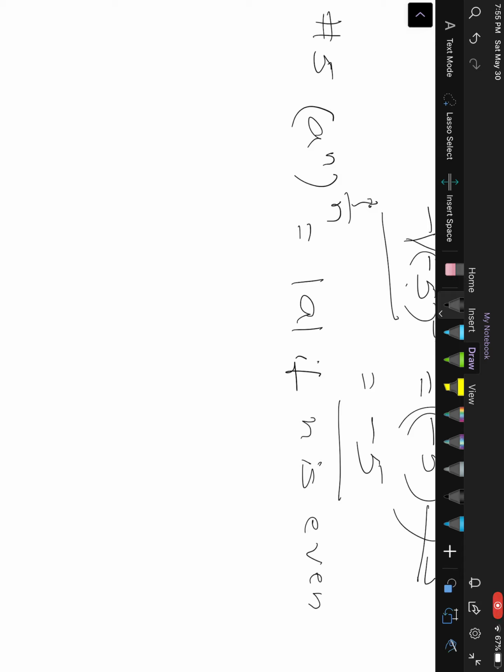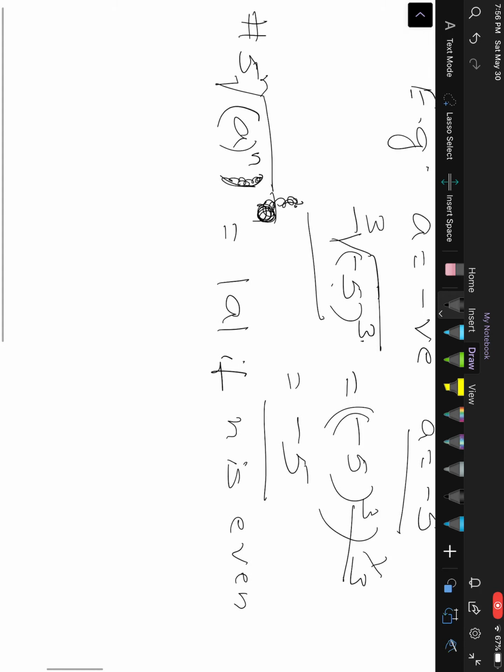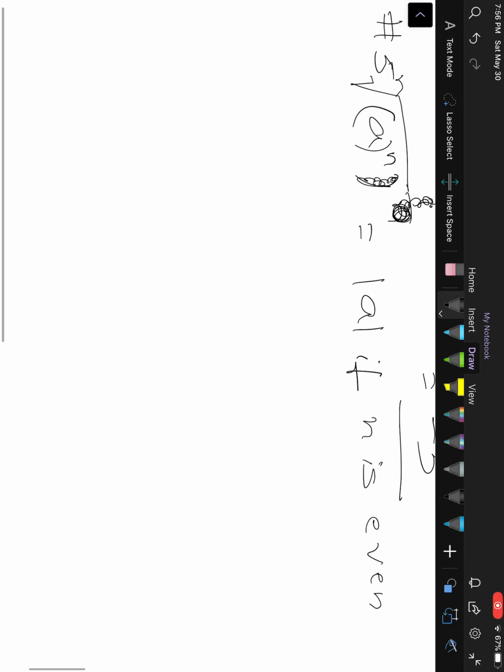I'm sorry, I should have written this as nth root. Okay, nth root of a to the power of n will give you absolute value of a if n is even. So again, considering the negative value of a, we can see why it is important that it be absolute value because of the sign.